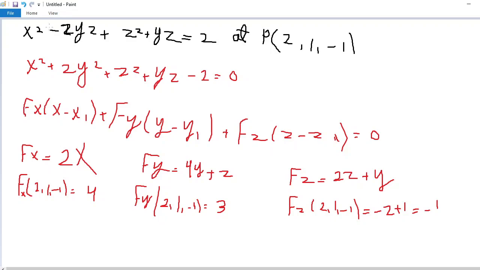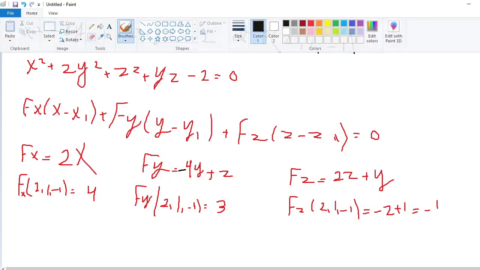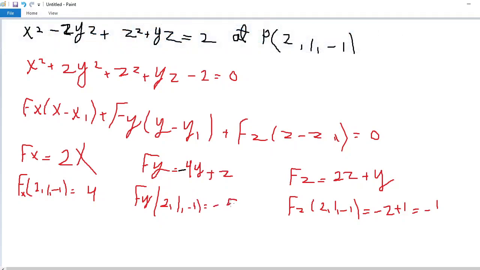This one is 2. So only the value of this one is going to change. Here we will only have a minus, so the answer here is going to be negative 5. My bad. So here we have the final answers, negative 5 and negative 1. Okay, so everything is correct.